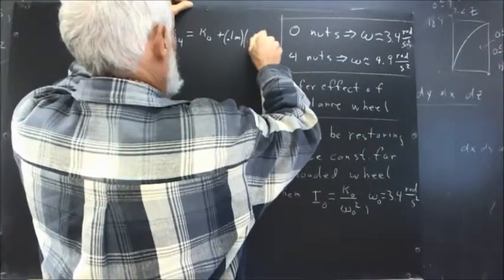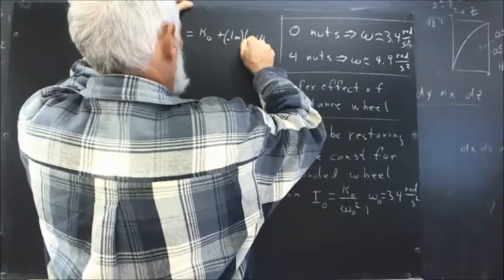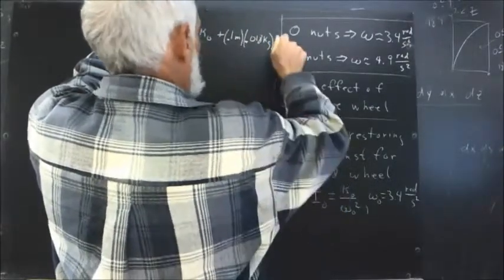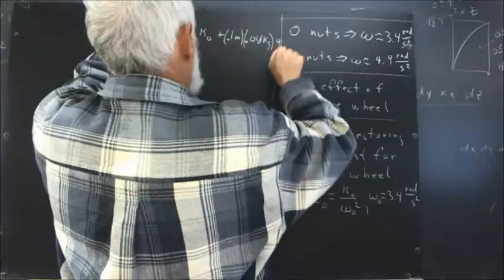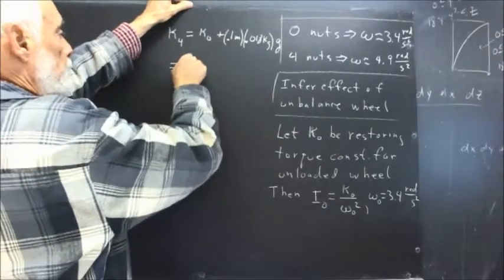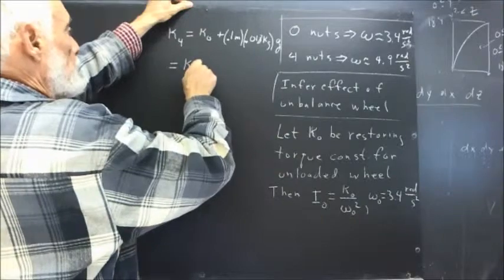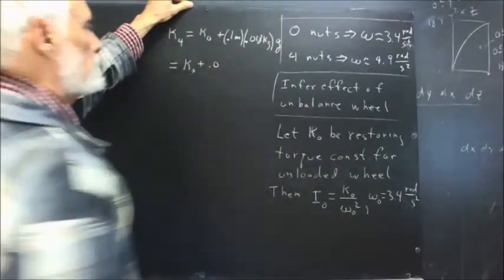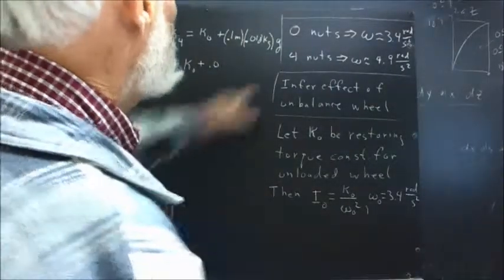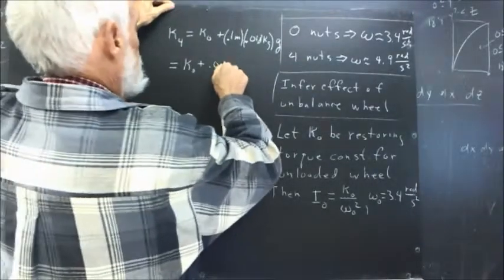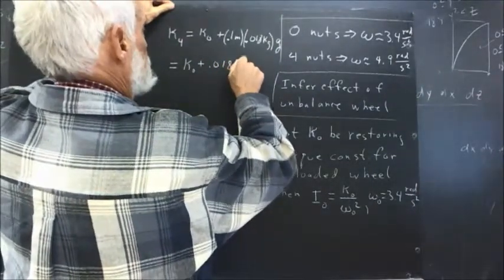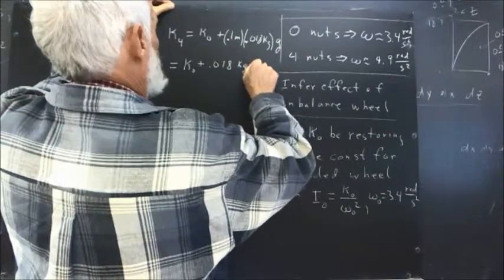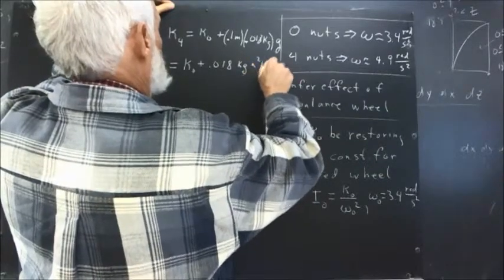That's going to be 0.018 kilograms. And that's going to be times the acceleration of gravity, g. So that's going to be kappa naught plus 0.018 kilogram meters squared per second squared.